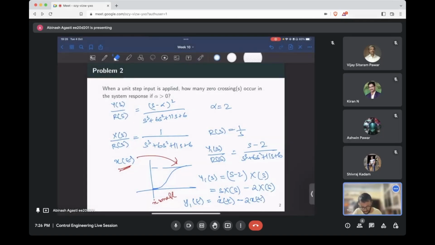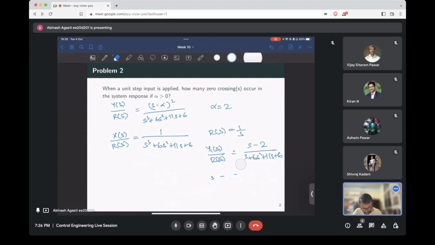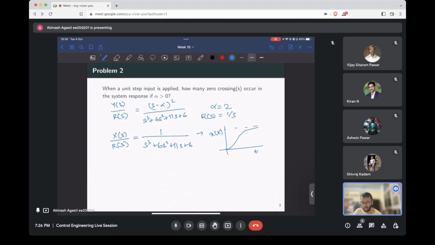I'll just erase the things for now. So we saw that with R of s equal to 1 by s, the x of t we got was something like this. Is that right? Here there are no undershoots. Now let's see what would happen if we have this system.